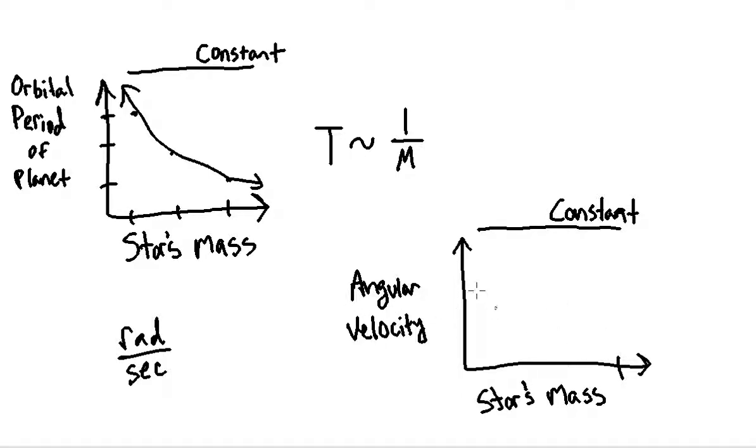So with large masses, we have large angular velocities, low masses, low angular velocities. And in the middle, you get something in the middle. With no mass, you would have no angular velocity because there wouldn't be any gravitational force moving it in that curved path, making those radians per second occur.